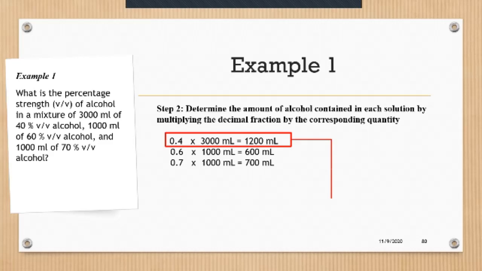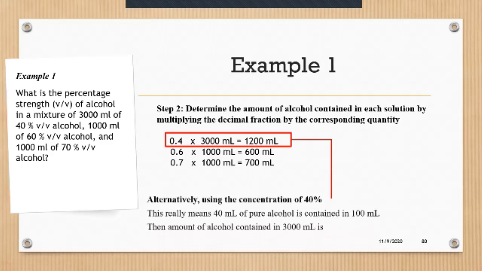Alternatively, you could work it out the long way. You say, for example, you are calculating the amount of alcohol in the 40% 3,000 ml solution. You use the concept of percentage strength or percentage concentration, which is the amount in every 100 parts, right?